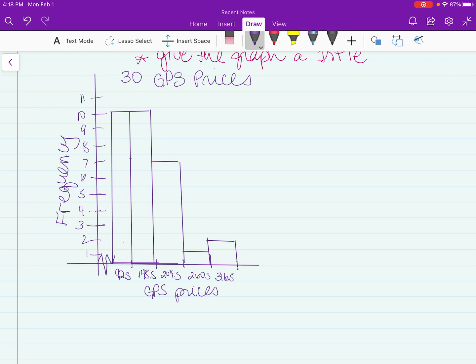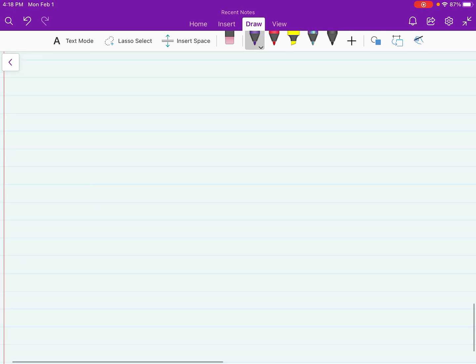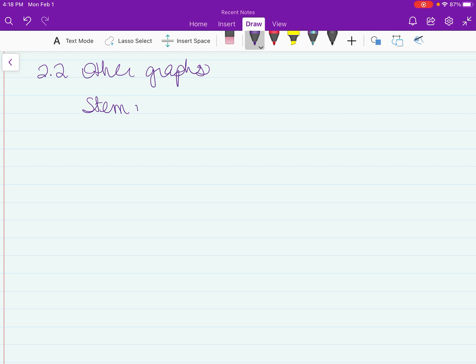So that actually takes us on to section 2.2, which is other graphs. And we're going to look at stem and leaf displays.